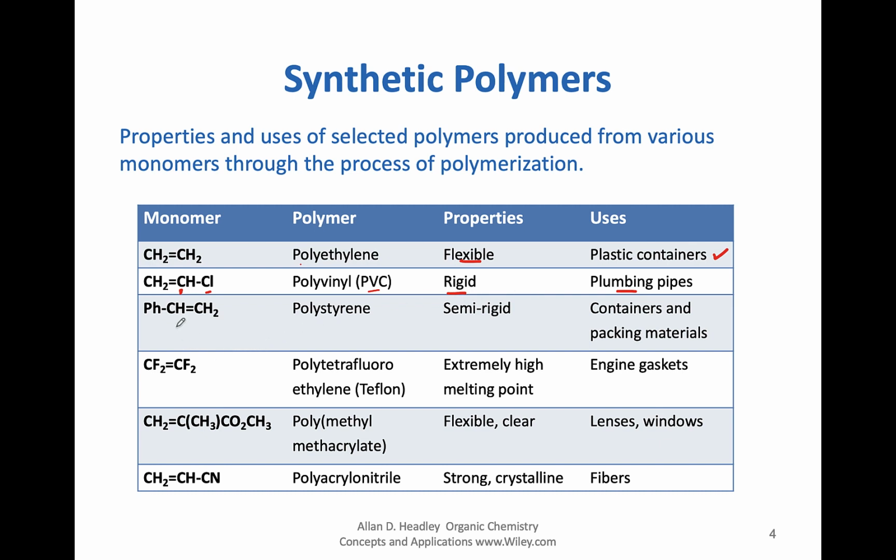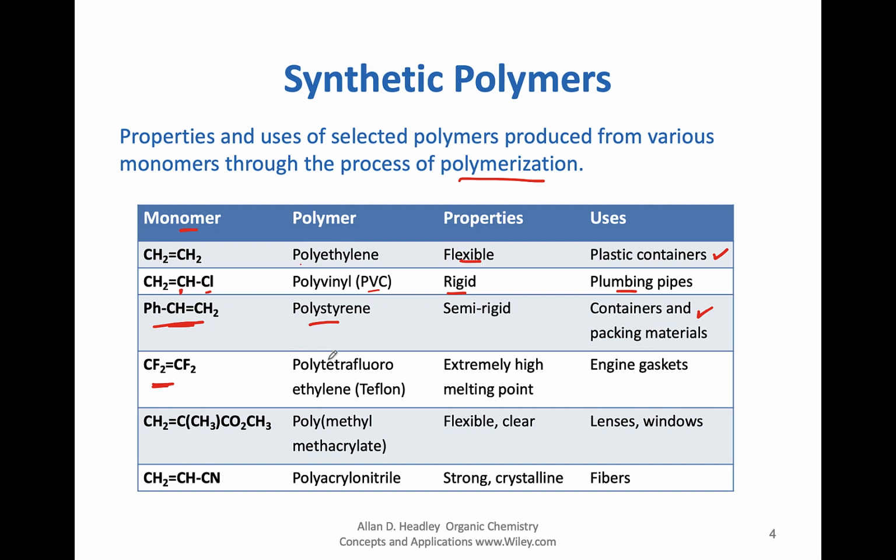A couple more. Here's another one, polystyrene. This is the styrene molecule as the monomer. Through the process of polymerization, we get polystyrene, and this is also used in packing material. Here's one that was very popular a few years ago, and this is CF2=CF2.